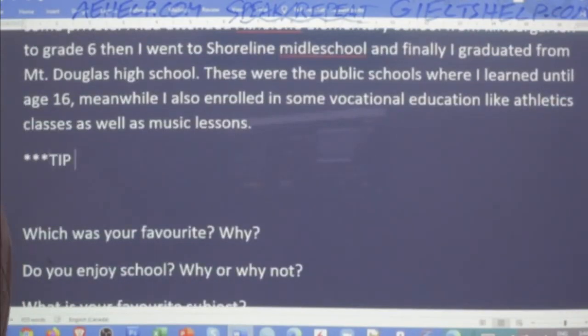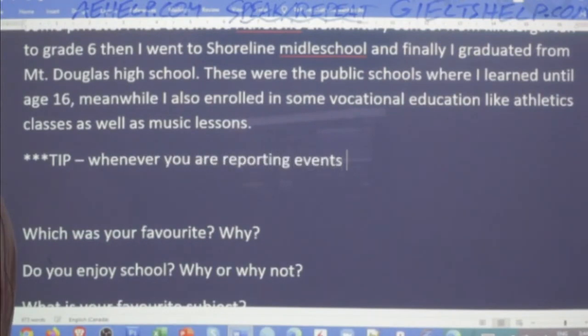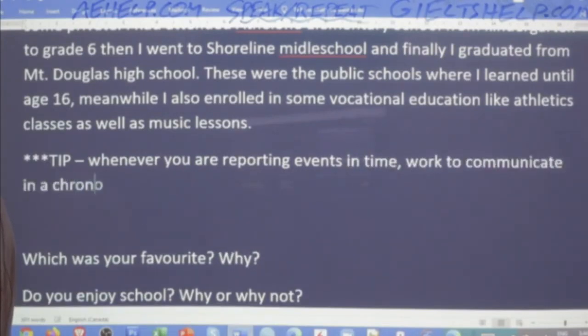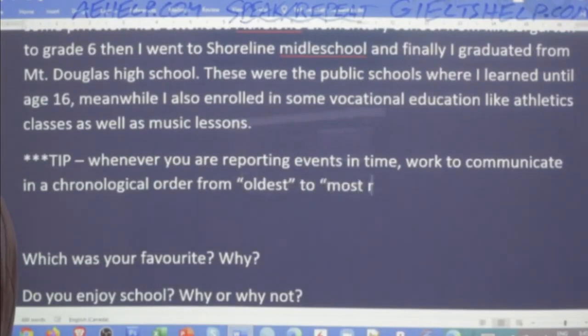So tip, whenever you are reporting events in time, work to speak or communicate in a chronological order from oldest to most recent.